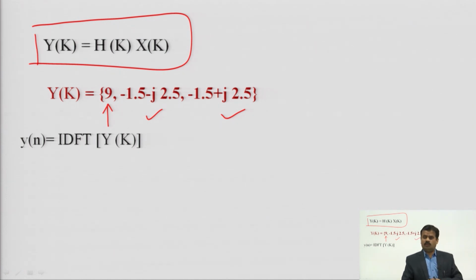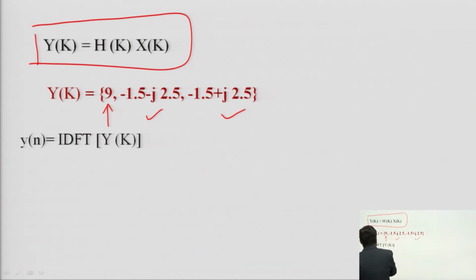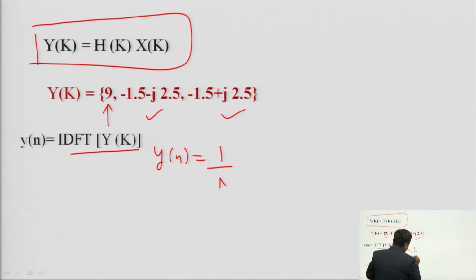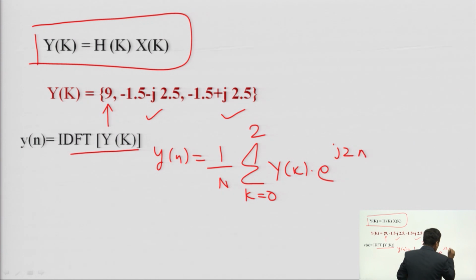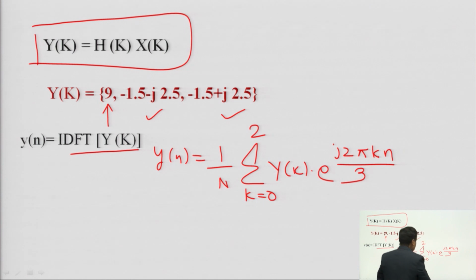Finally, what you have to calculate is small y(n). So, small y(n), how do you calculate? You have to take its IDFT. And what is the formula of IDFT? y(n) is equal to 1 upon N summation from k 0 to 2, Y(k) into e to the power plus j 2 pi k n by capital N, where N is 3.